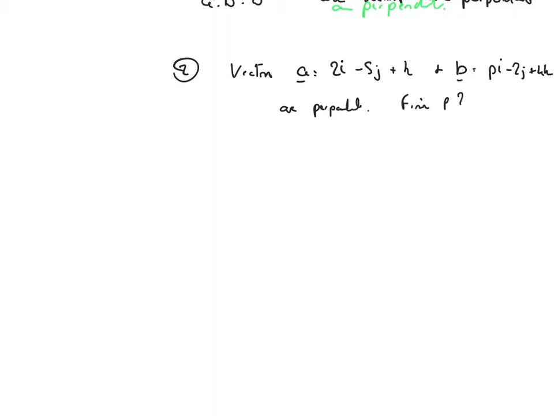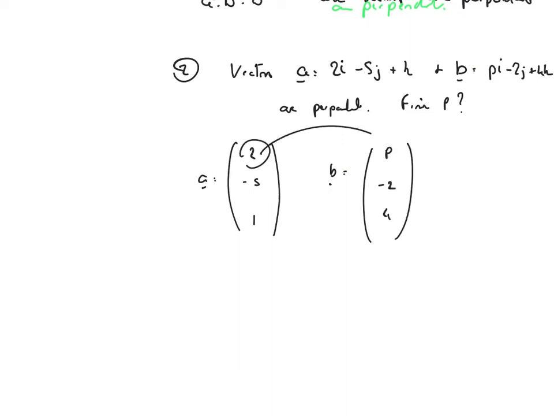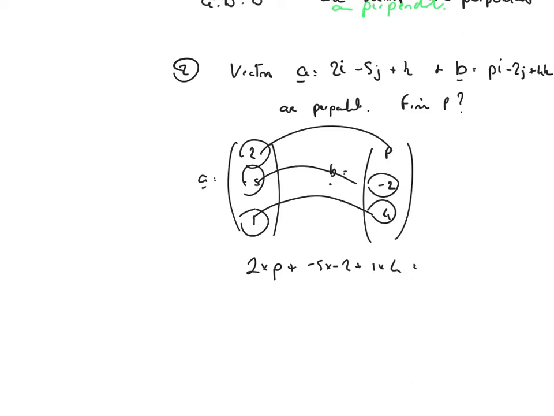Find p. Okay, let's put them in component form. (2, -5, 1) and (p, -2, 4). So 2 times p plus minus 5 times minus 2 plus 1 times 4 is equal to 0.